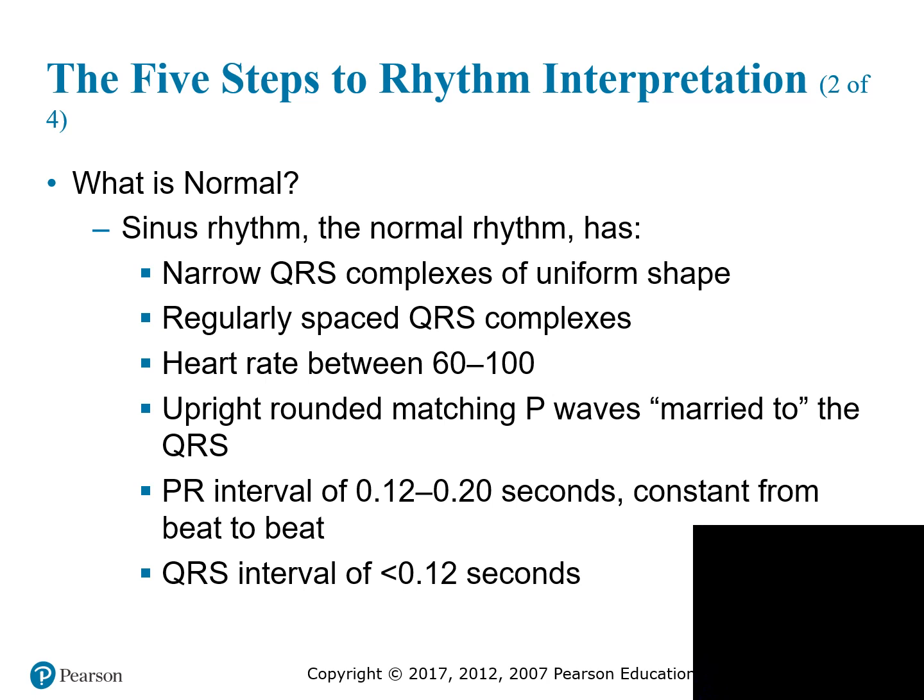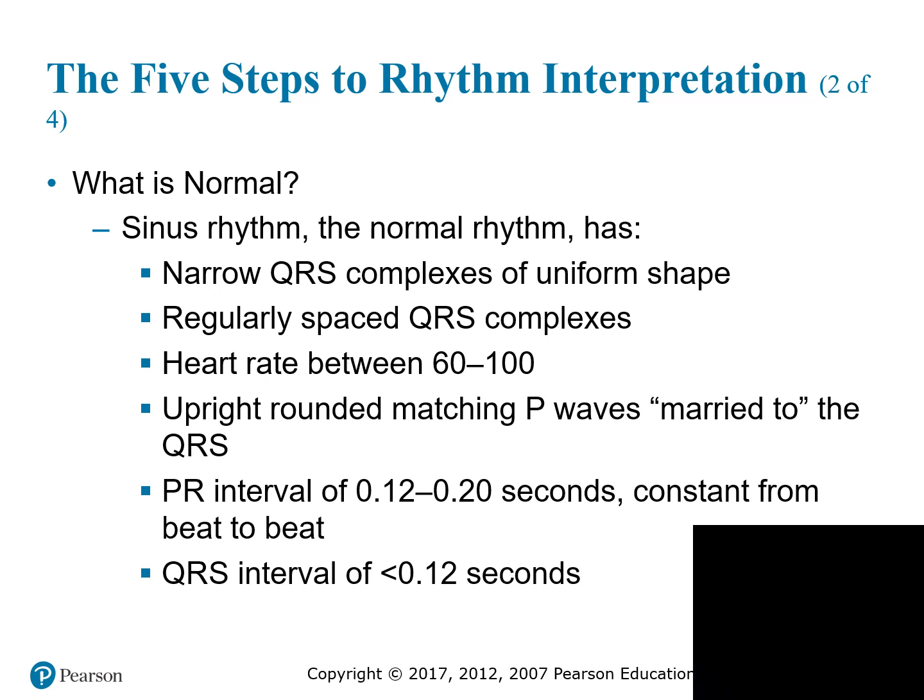Those types of rhythms we call sinus rhythms because they're normal rhythms, because the SA node is the boss pacemaker. He's the boss of your heart. He's the one that's supposed to send the signal out for the electrical impulse to conduct in your heart. That's why we call it sinus rhythm.